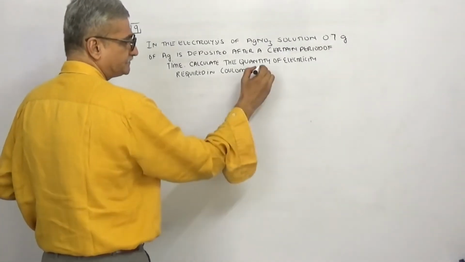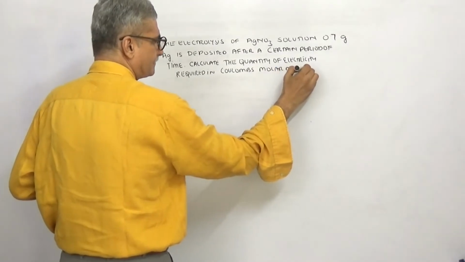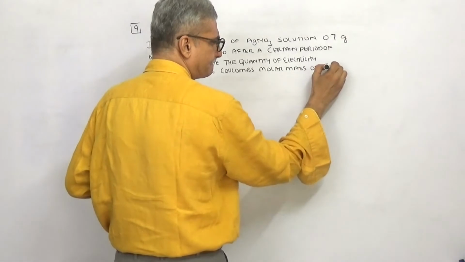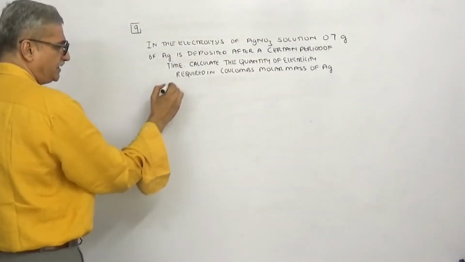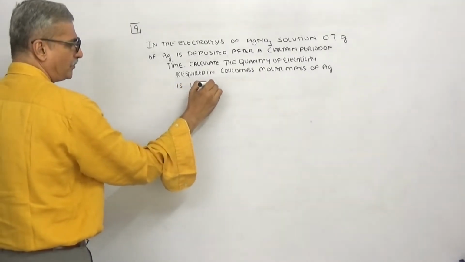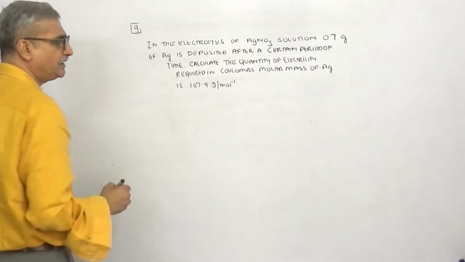Molar mass of silver is 107.9 gram per mole.